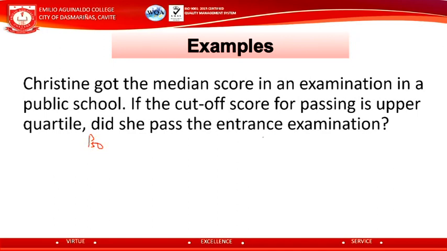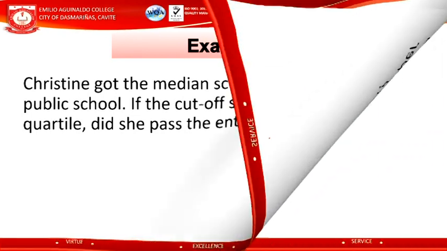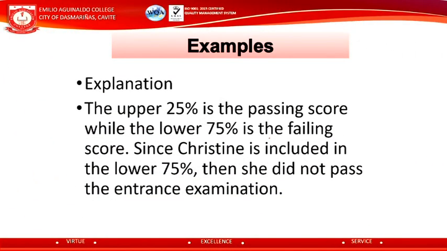And then the cutoff score will be the third quartile, that is the 75th percentile. So, hindi siya umabot doon sa 75th percentile. It means, by just observing this clearly, we can say that Christine did not pass the examination. Explanation, the upper 25% is the passing score while the lower 75% is the failing score. Since Christine is included in the lower 75%, then she did not pass the entrance examination.